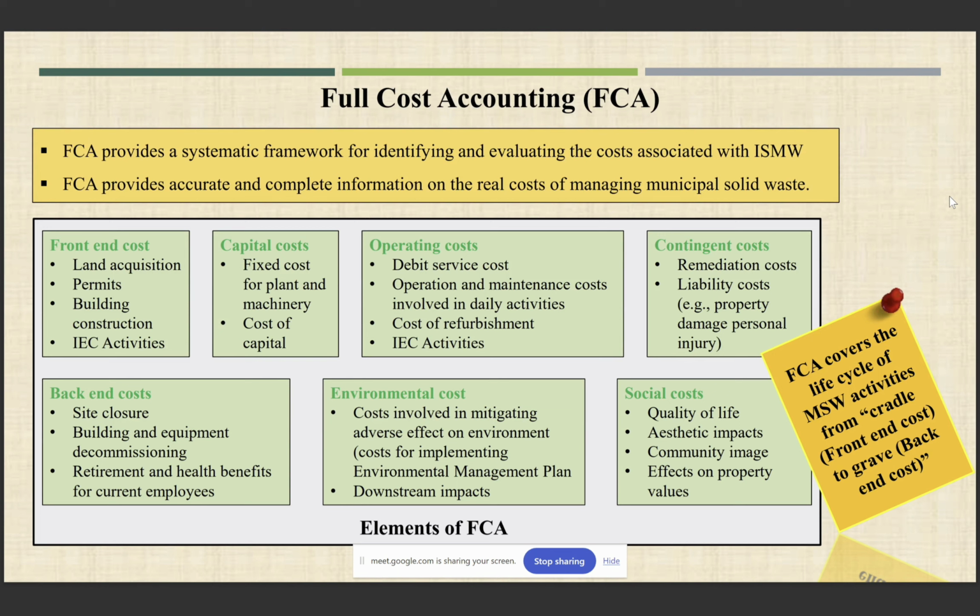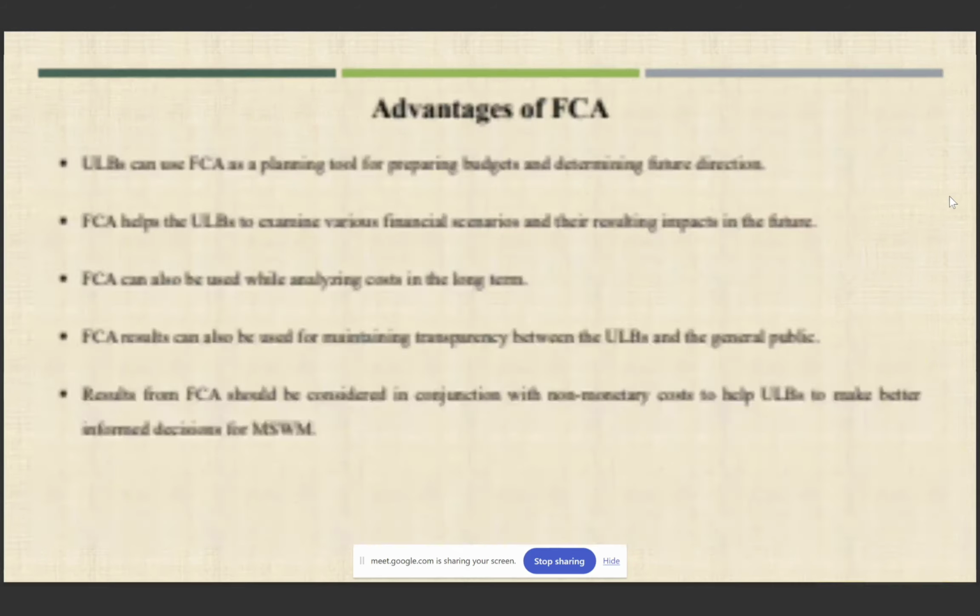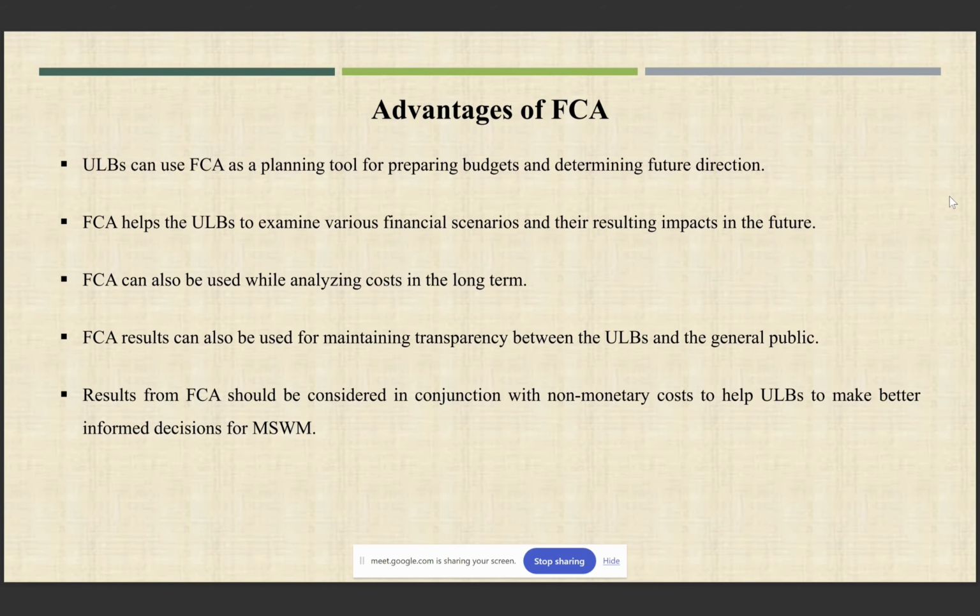So these are the various elements of the full cost accounting. Full cost accounting has various advantages, like urban local bodies can use FCA as a planning tool for preparing budgets and determining future direction. It helps the urban local bodies to examine various financial scenarios and their resulting impact in the future.